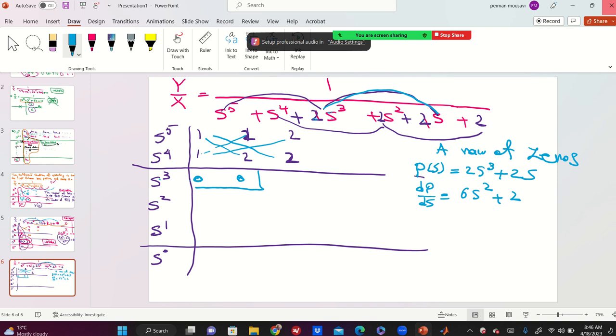Understand? Sorry guys, I was thinking about different. Sorry guys, you have to look at this S4. S4 coefficients is 1, 2, and 2. So you have to write here exactly S4 plus 2s squared plus 2.